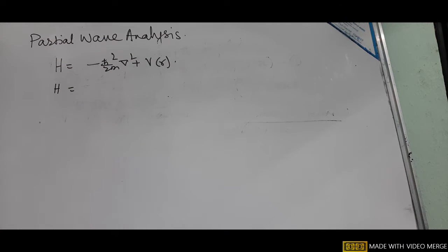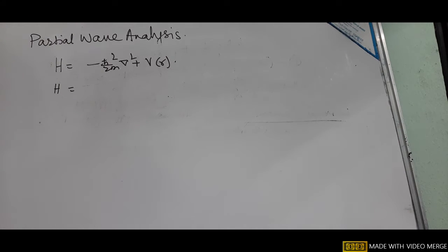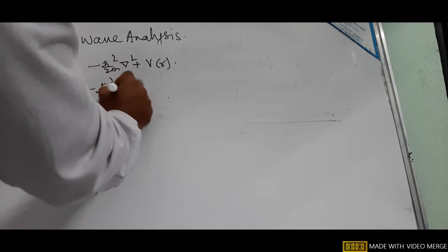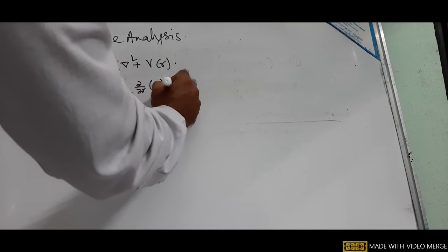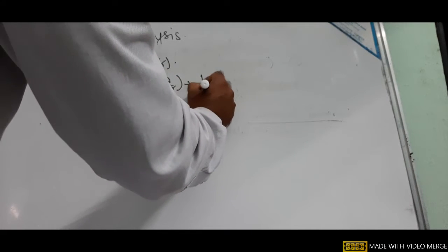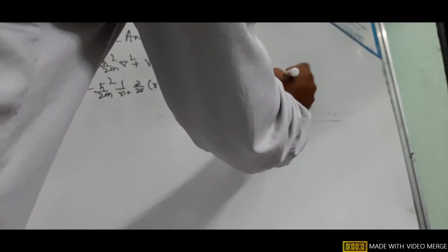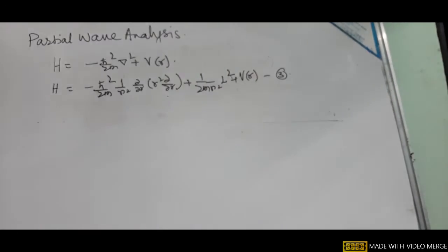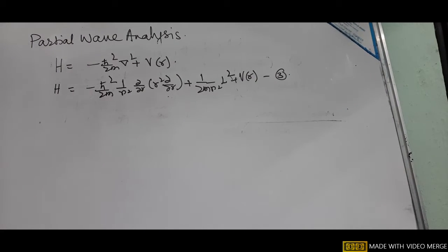In terms of the radial function and the angular part, it is -ħ²/2m (1/r²) ∂/∂r (r² ∂/∂r) + (1/2mr²) L² + V(r). This is equation 3, where capital L is the angular momentum of the particle.